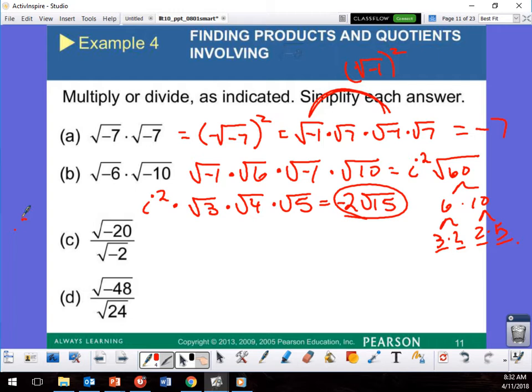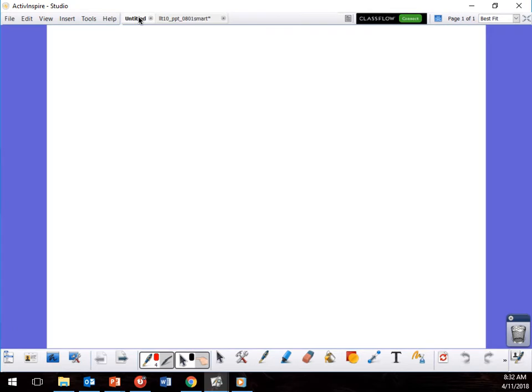All right, let me clean up a little work over here. Actually, let me make some more room. Negative 20 over 2, like this, right? So now, there's a property in math.